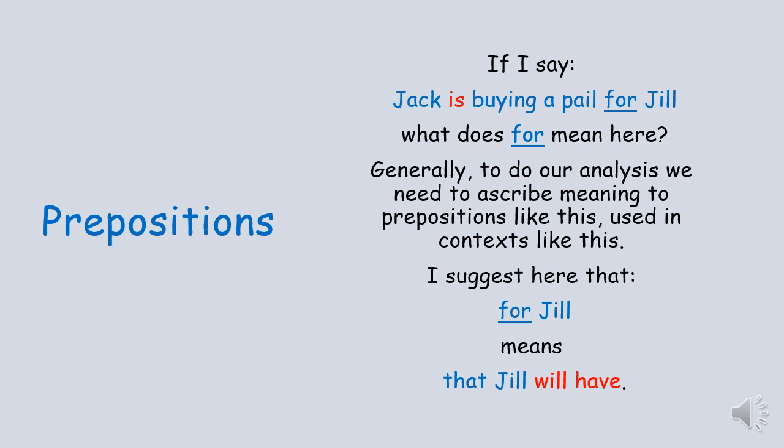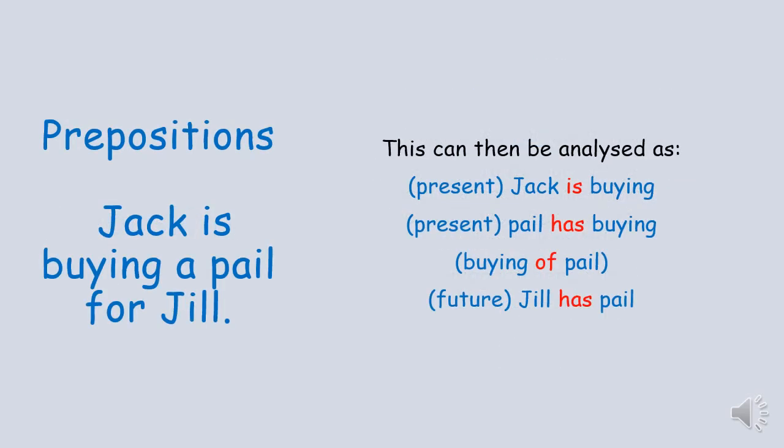I suggest here that for Jill means that Jill will have. The sentence therefore can then be analysed as, in the present, Jack is buying, in the present, pail has buying, expressible as buying of pail, and in the future, Jill has pail.